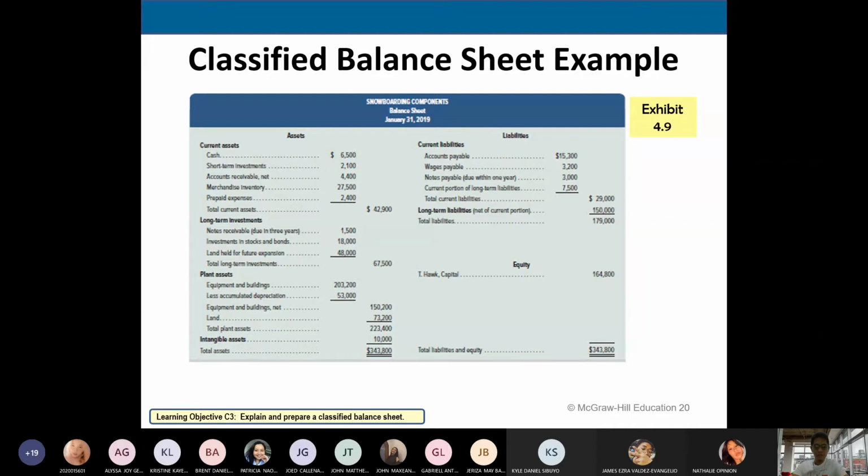Yan. So, example ng mga non-current assets natin are long-term investments, plant assets or yung PPE, and intangible assets.